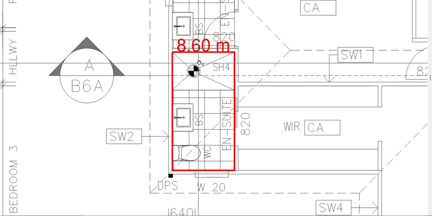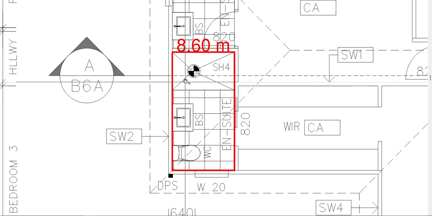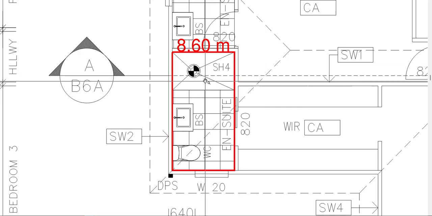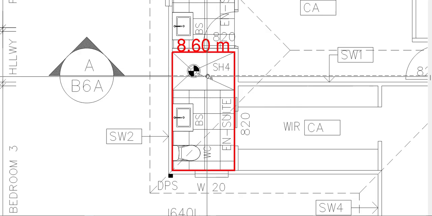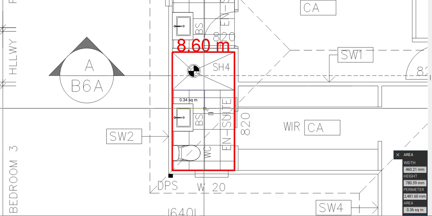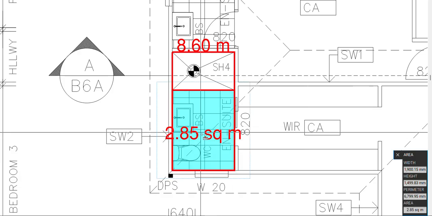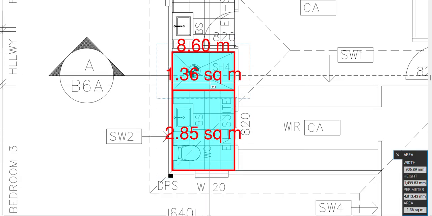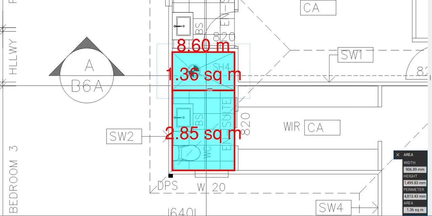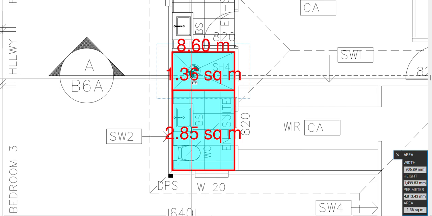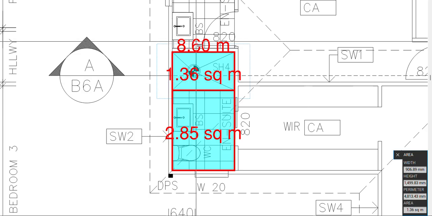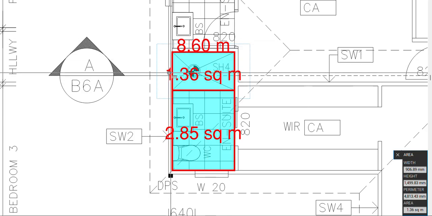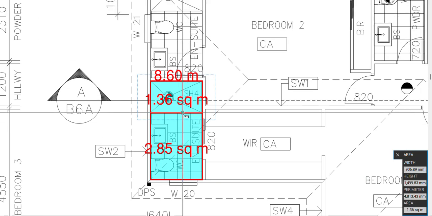Here we do the waterproofing not only in the tile shower area, we do the screeding also. That's why I told you if you want to calculate waterproofing, then you need to calculate this area as a waterproofing area, but this area as a waterproofing plus screeding area, because waterproofing will be done generally in this area with the walls attached to the three sides of this, like this is a front only.